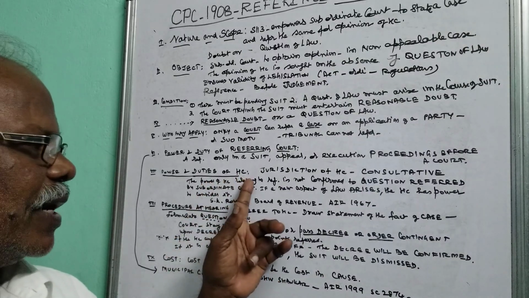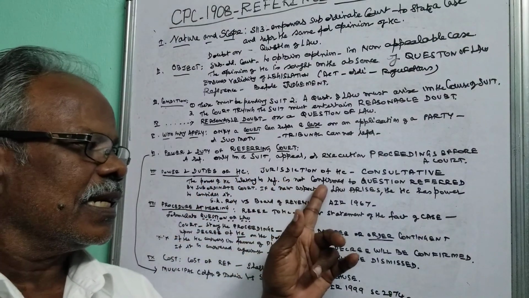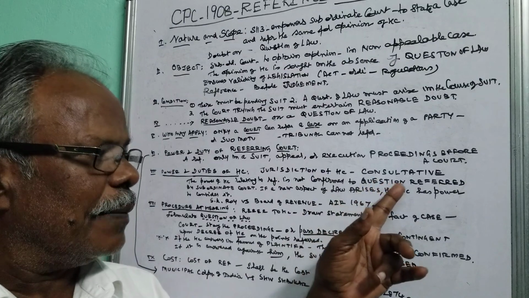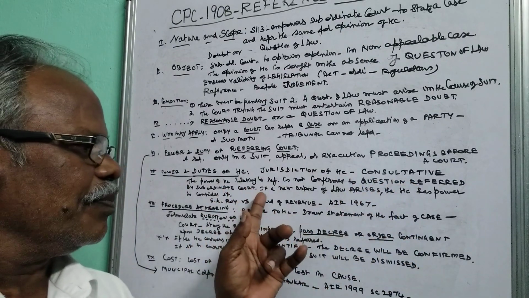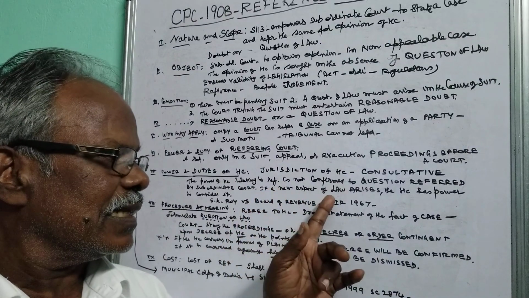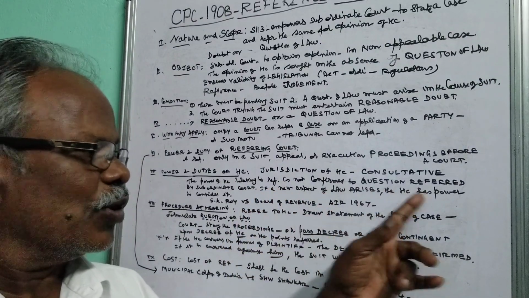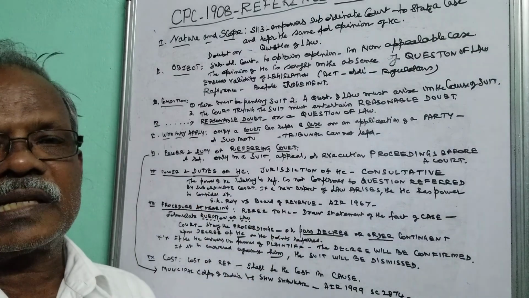That is, the power of the High Court relating to reference is not confined to the question of law referred by the subordinate court. If a new aspect arises, then the High Court has the power to consider it.